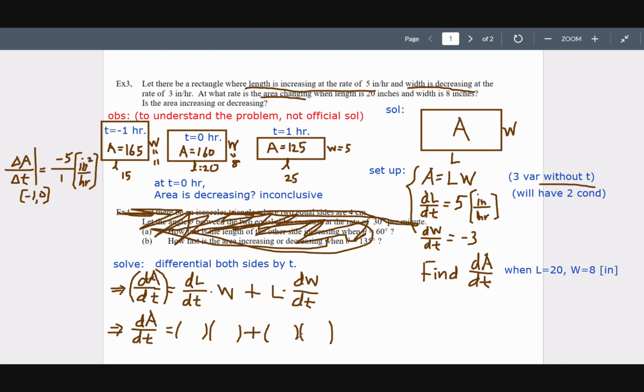So 5 is dL/dt, right here. Minus 3 is dW/dt, which is right here. And the time condition W is equal to 8, which is right here. L is 20, right here.